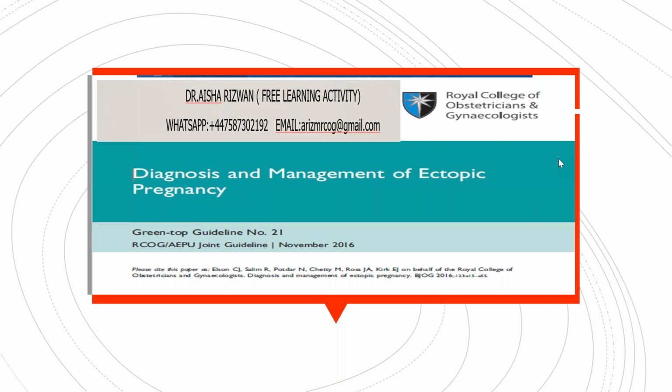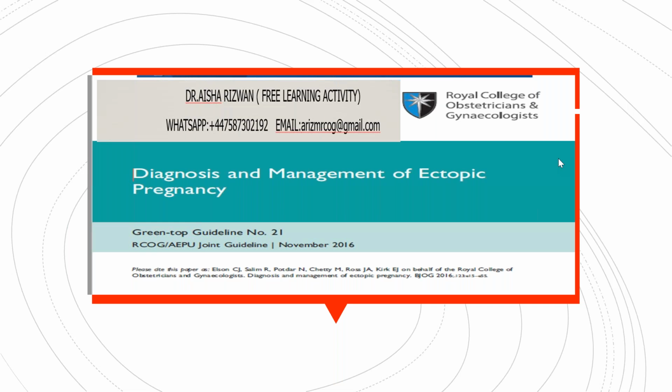Okay, the next type of pregnancy: how is an interstitial pregnancy diagnosed? You know that the fallopian tube has 4 parts, so the ectopic pregnancy can occur in any part of the tube. That's why we have different names, and these are the sub-classifications of the tubal pregnancy. So the interstitial pregnancy, what are the ultrasound criteria?